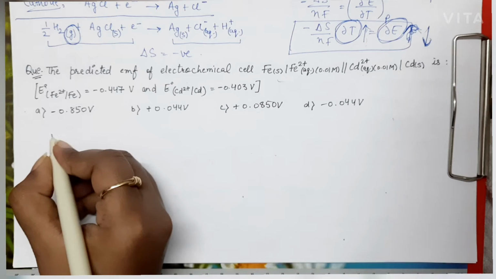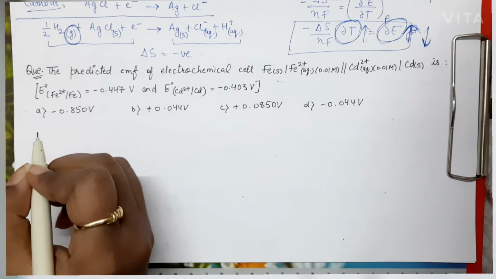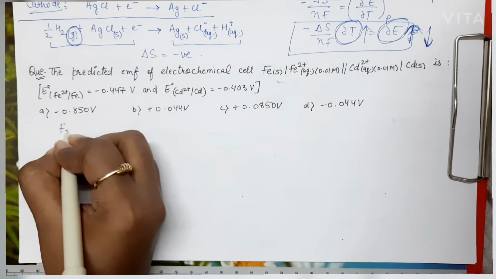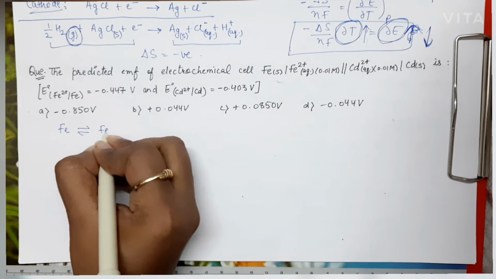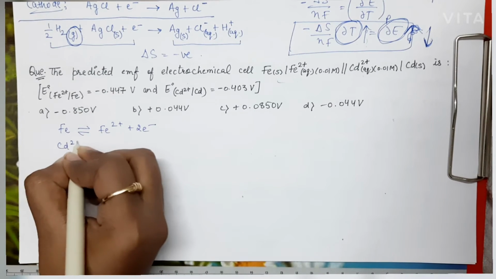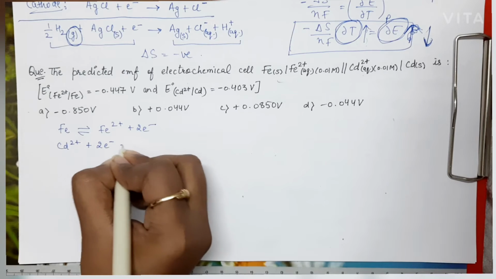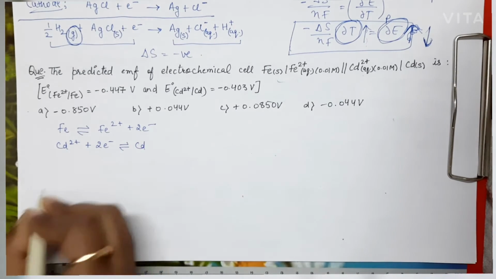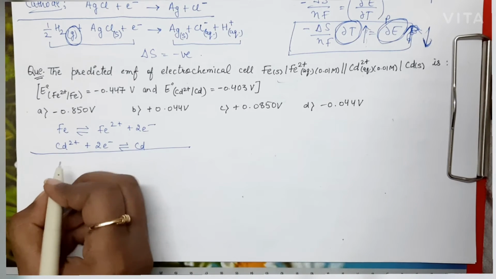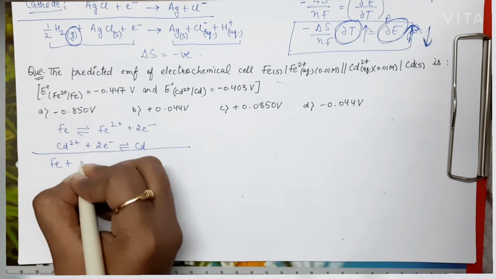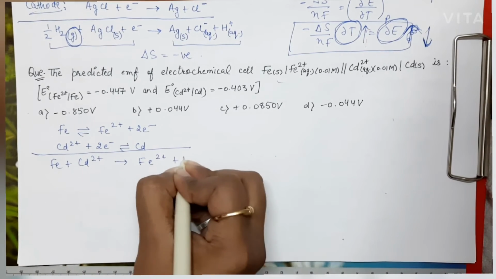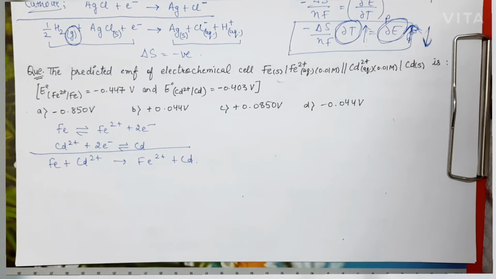So basically if I write down the reactions at anode and cathode, then they will be the reactions, and if I write down the overall reaction, then it will be Fe plus cadmium 2 positive giving Fe 2 positive plus cadmium, right? This will be the overall cell reaction.